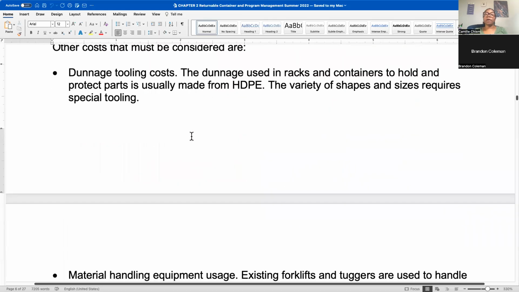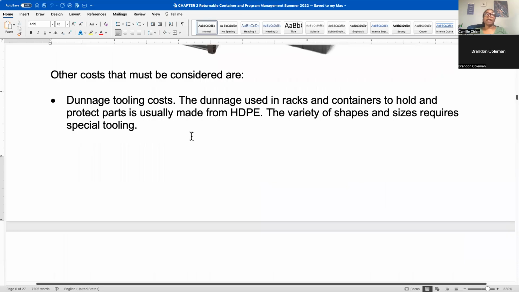And some of that dunnage requires special tooling. So you could have trays that are injection molded that require special tooling. Or some of this foam, depending on how your foam is made, you may need tooling or fixtures for that foam.